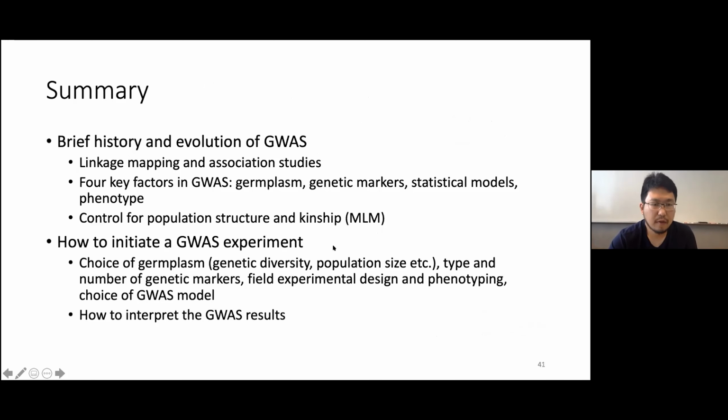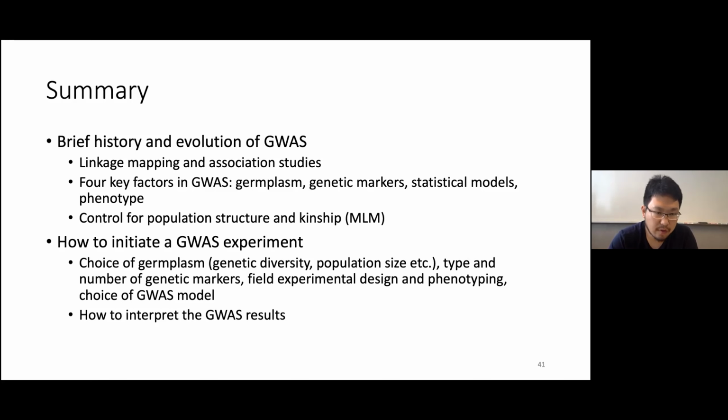Yeah, I think I'm going to stop here. So in this workshop, we've briefly gone through the history and the evolution of GWAS. We started with linkage mapping and association studies, and we went through the 4 key factors in GWAS: the germplasm or population, the genetic markers, the statistical models, and phenotype. And we spent a lot of time on why and how to address the relatedness among the individuals in the panel with this mixed linear model framework.